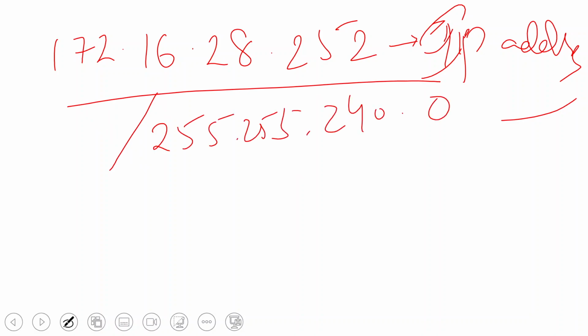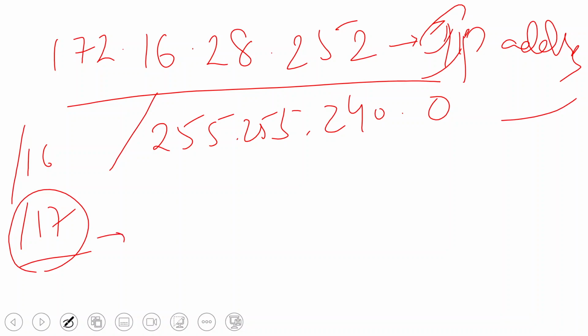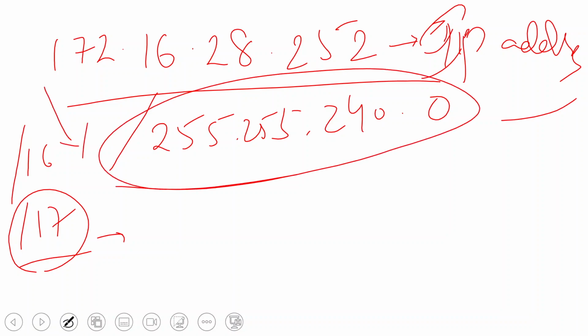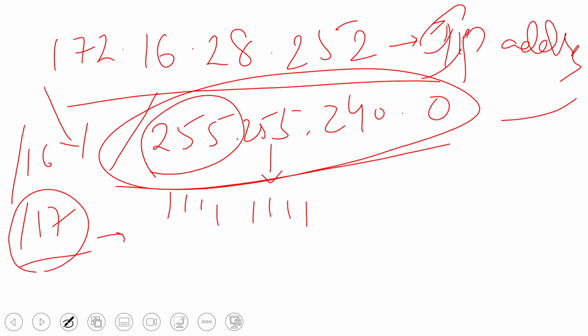255.255.240.0. If they simply say /16 or /17, you might say there are 17 network bits and some host bits, and you can calculate it, but people confuse you by giving it like this. But you know 255 means all ones, and 240 you can convert into a binary number and put it here. The simple way is to add 128 and so on, and this will come to /20.